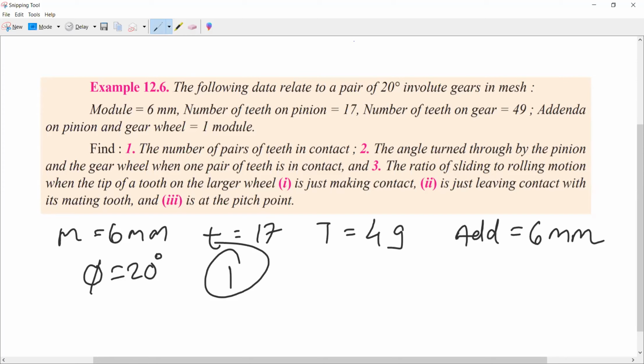Teeth are connected with each other. So what are we calling it? See the previous numerical. Number of pairs of teeth in contact. Simple small word. What we know?